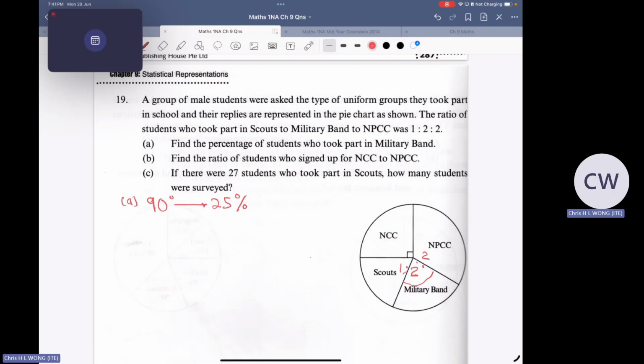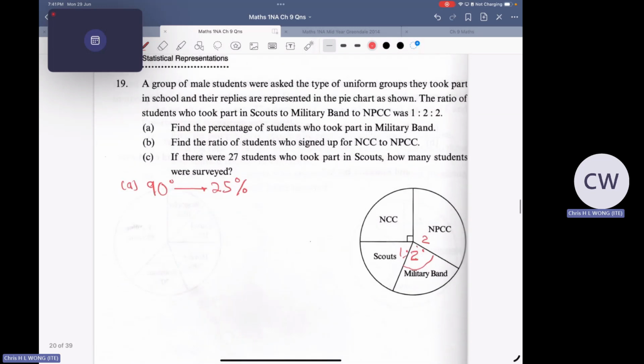Let us find out what is the percentage for Scout, military band, and NPCC. Scout plus military band plus NPCC will be how many percent? 100 minus 25.